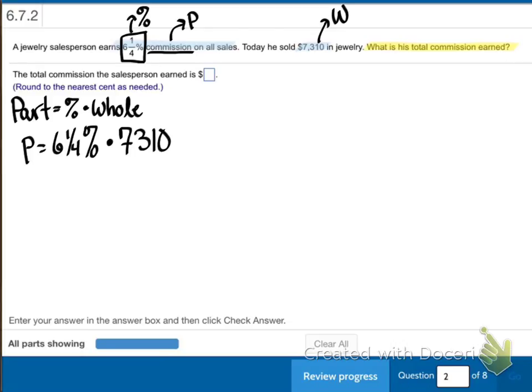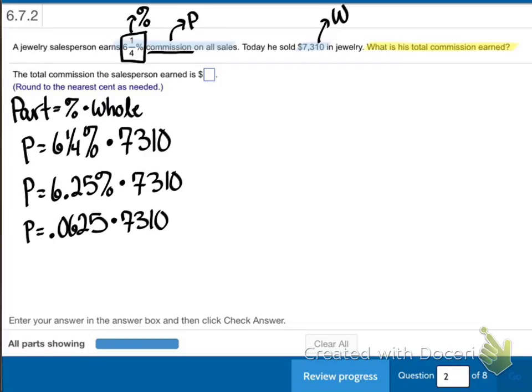So 6 1/4 is the same thing as 6.25, so this just changed into 6.25% times 7,310. But now I'm still in a percent, so I have to switch it over to a decimal. This gives me 0.0625 because I took 6.25 and I divided by 100, and I multiply that by 7,310.